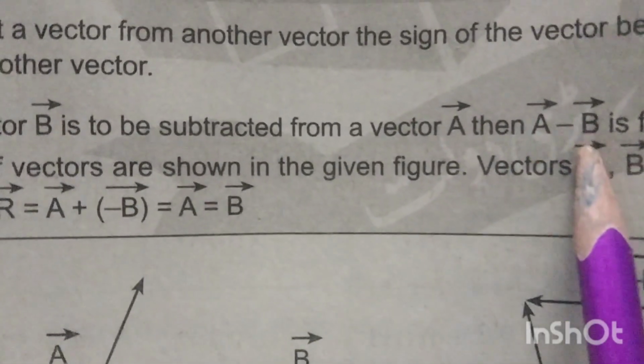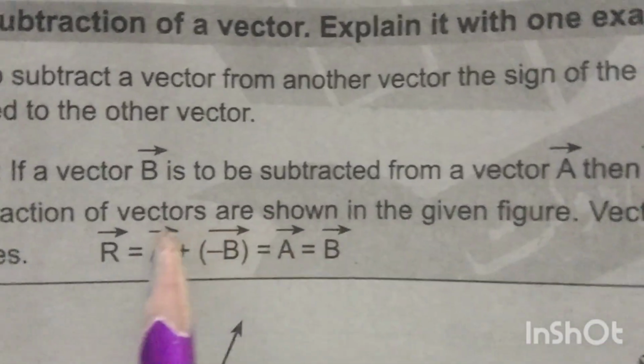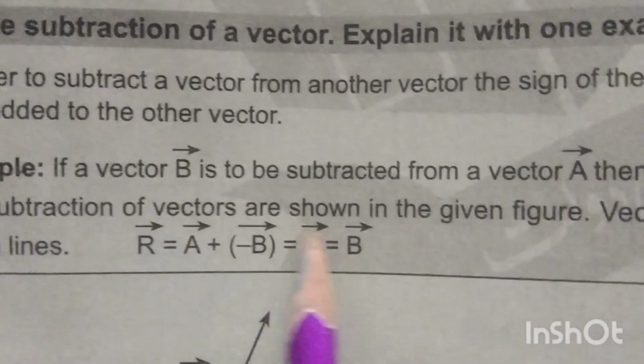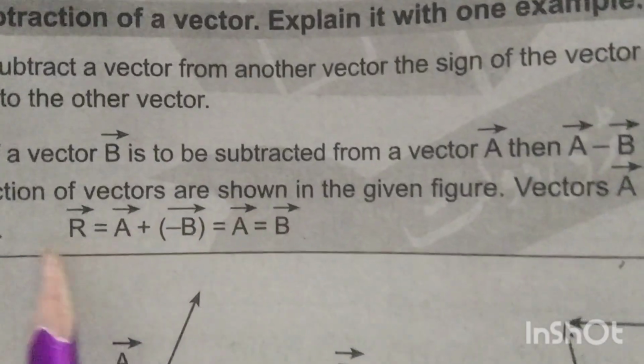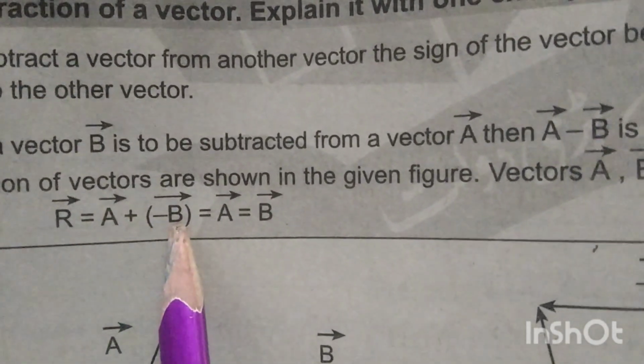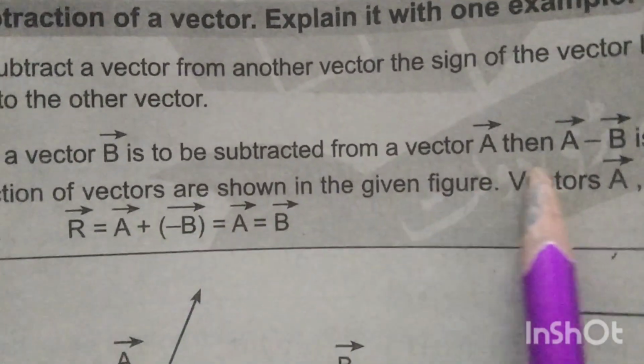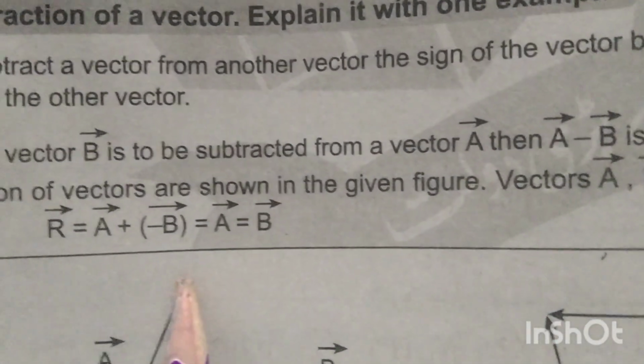In subtraction of vectors, the resultant R is equal to A plus minus B, or you can say A minus B. Both are the same way.